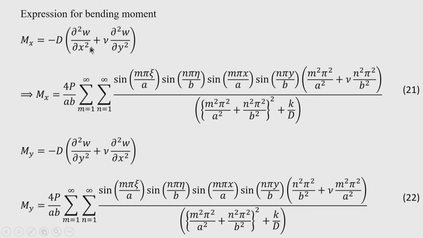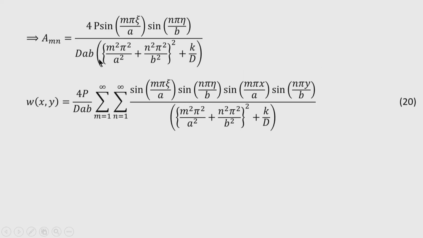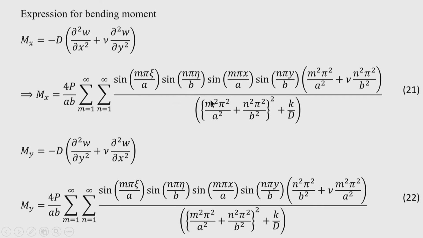The derivatives of this function can now be evaluated, because D and the other coefficients are constant, so we only have to differentiate sin(m pi x by a) and sin(n pi y by b). Once you differentiate and put in the values, you get the quantity. So, this is the complete expression for the bending moment.